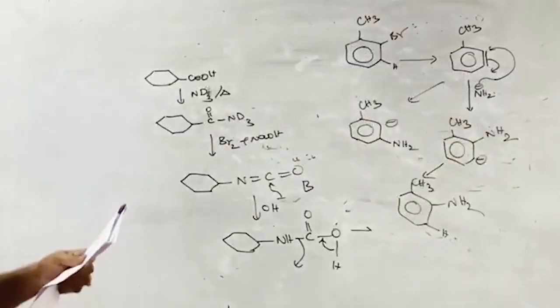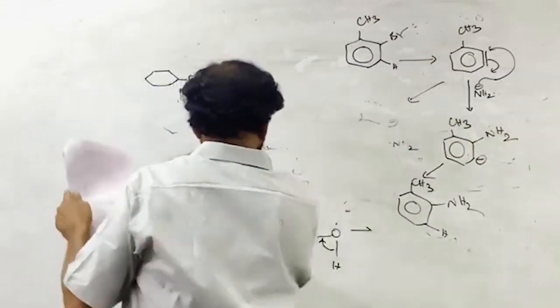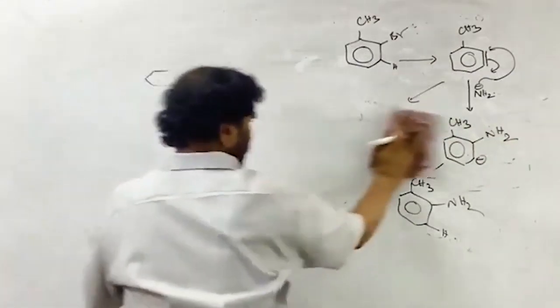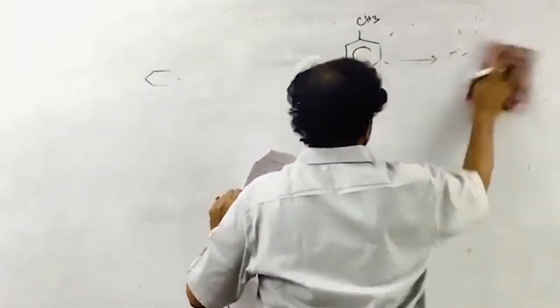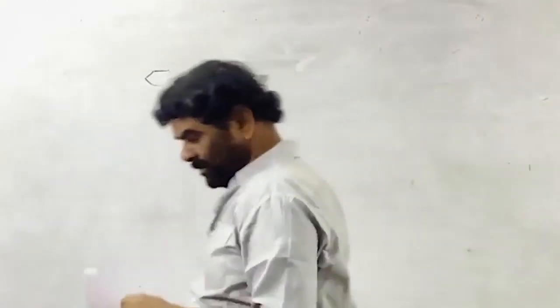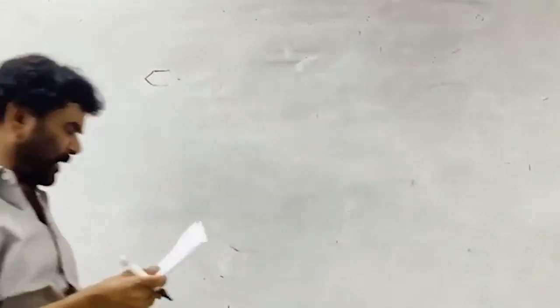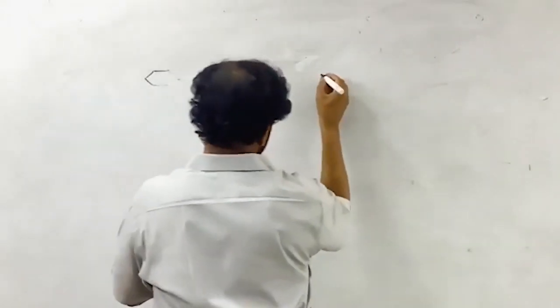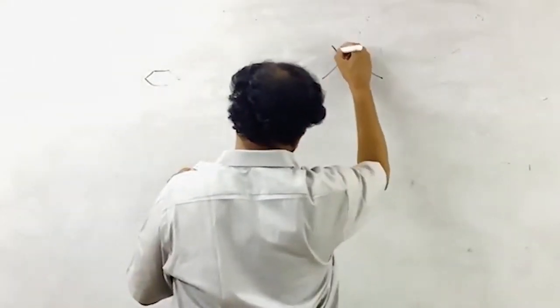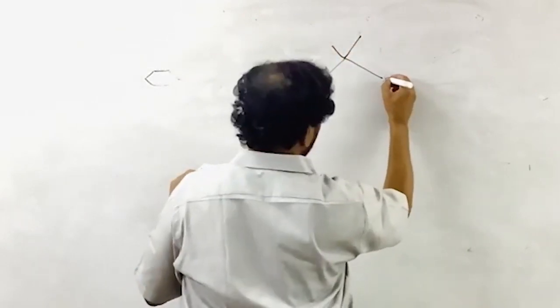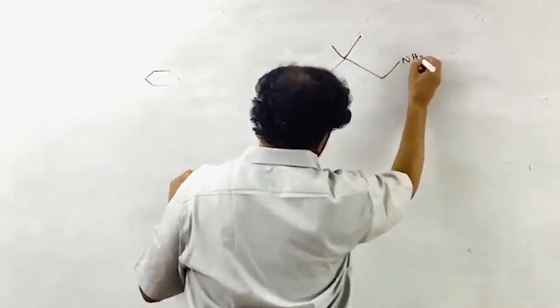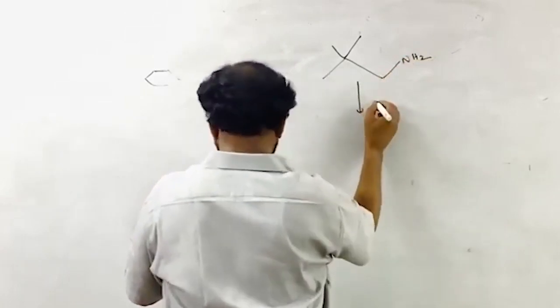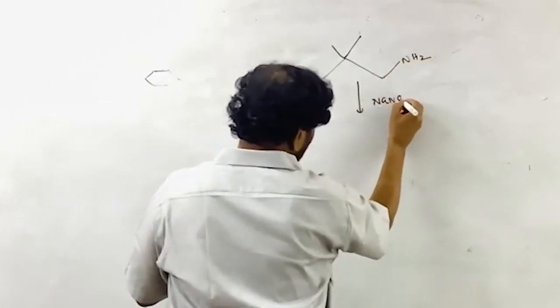And the next one is the amine given, neopentanamine, neopentylamine, or you can say it has its own name. What is there in that? This is a primary aliphatic amine treated with NaNO2 plus HCl.